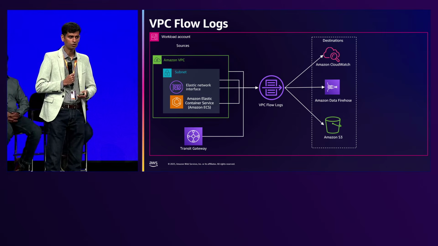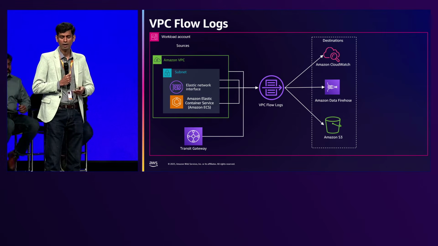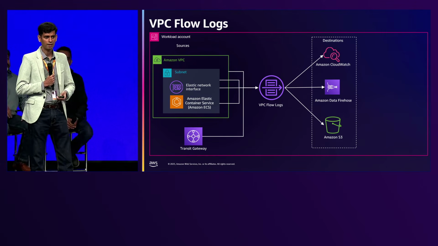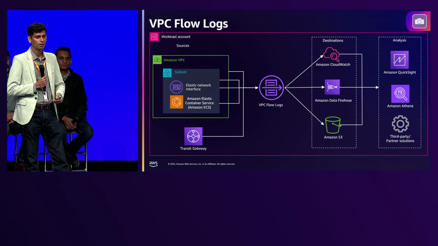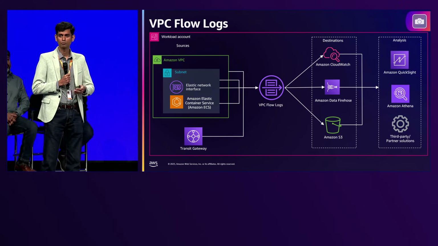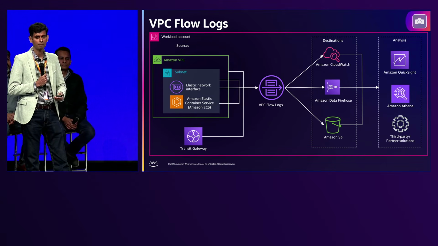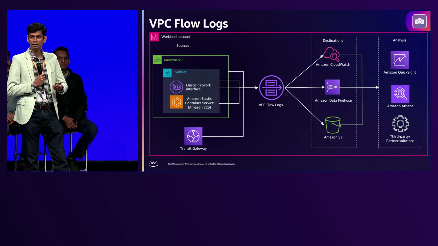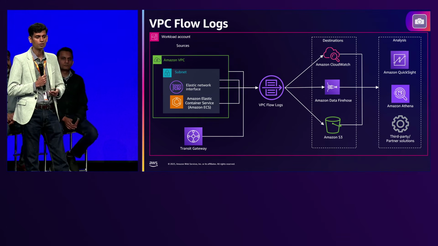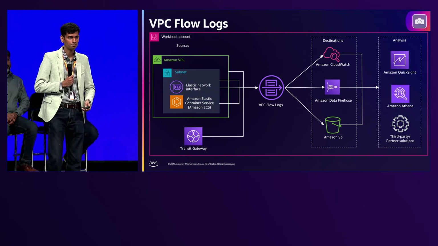And then you can also stream this to Data Firehose and then integrate that with several other analytics tools. So here, Amazon QuickSight is one of the BI tools which you can use for visualization and dashboarding for these logs, or you can use Amazon Athena for ad hoc querying. And then finally, you can also integrate with some third-party partner solutions for advanced log analytics with some pre-built solutions.